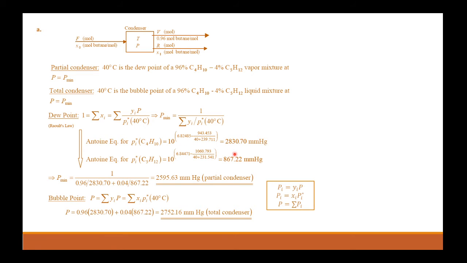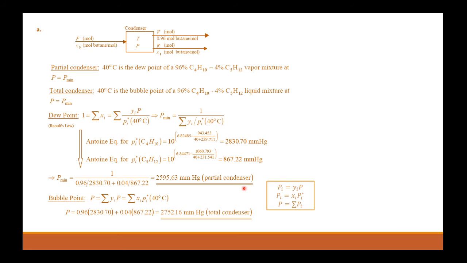Then we substitute the vapor pressures along with their mole fractions in vapor phase back into this equation, where this one is your butane and this one is your pentane, which gives you a minimum pressure of 2595 mmHg for your partial condenser.